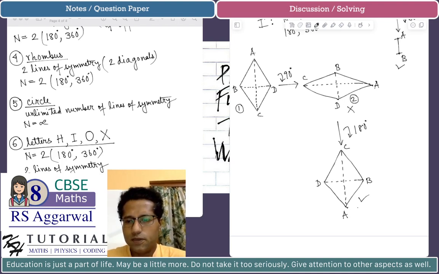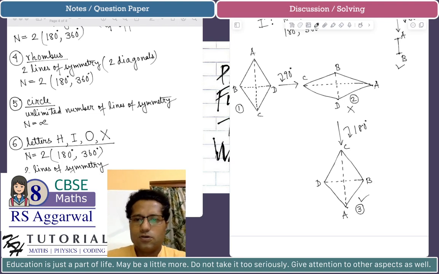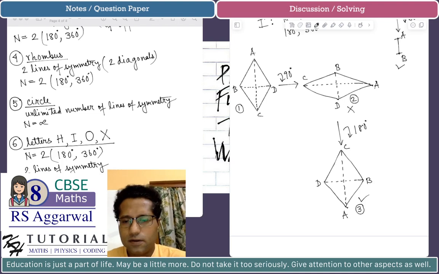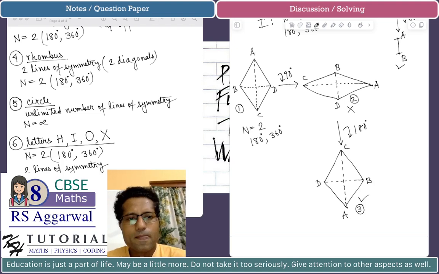So in position 3, the rhombus is looking identical to its original position, that is the rhombus in position 1. So we see that the first angle of rotational symmetry is 180 degree. Similarly, after rotating the rhombus 360 degree, you will again see that the rhombus is looking identical. So for a rhombus, N is 2, as the angles of rotational symmetry are 180 degree and 360 degree.